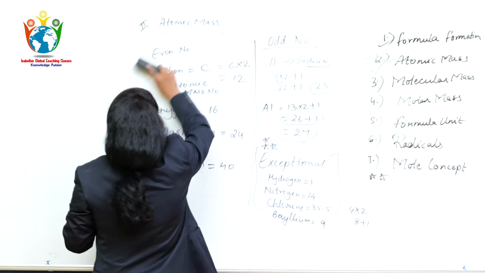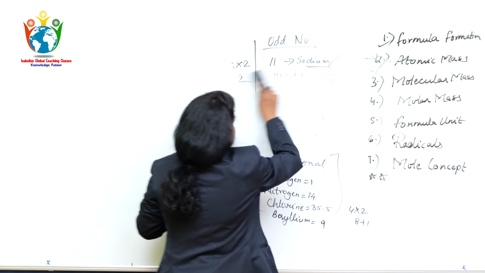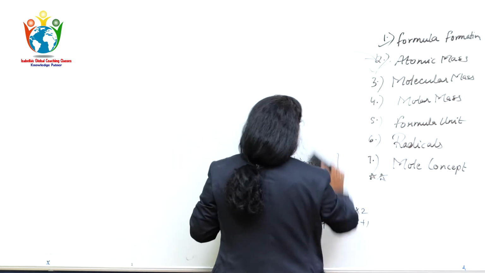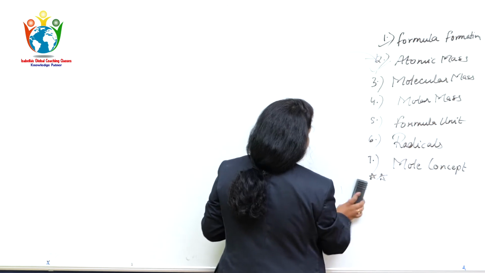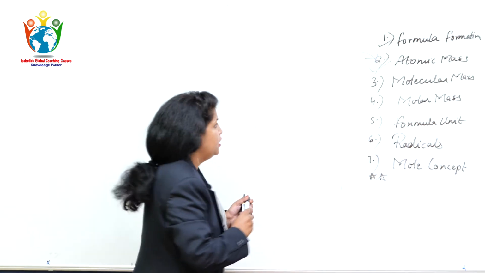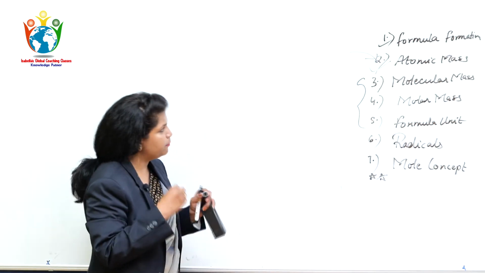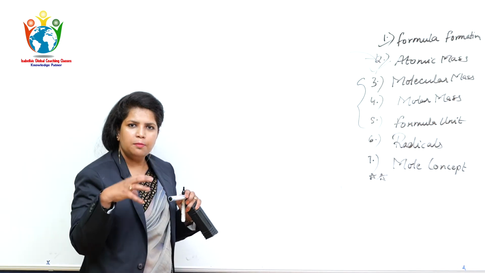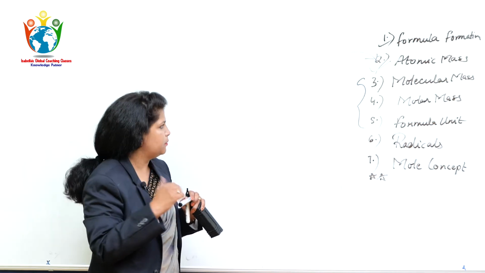Now I will go with the next topic, that is molecular mass. I will pick up all 3 topics and name them 3, 4, 5. The best thing is that if I am finding molecular mass, the concept is the same and the way of solving is the same.